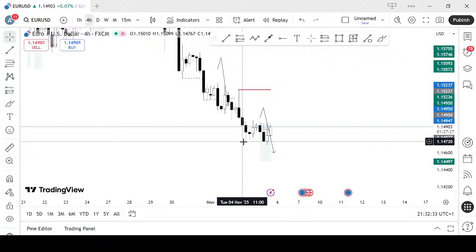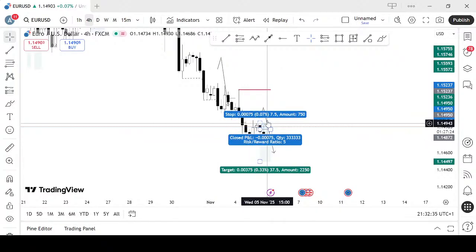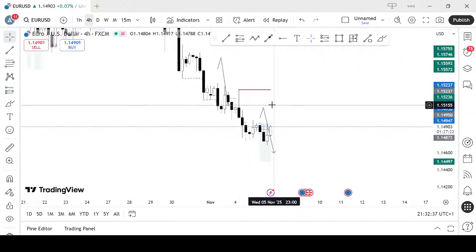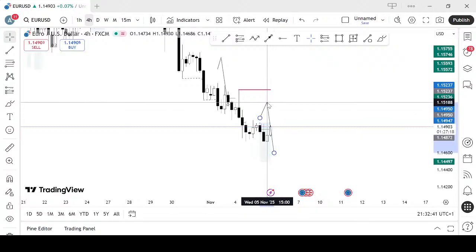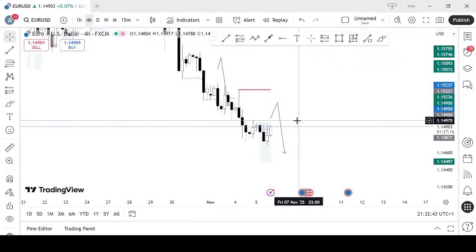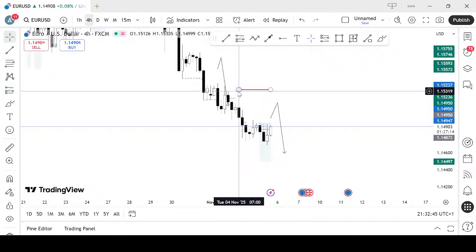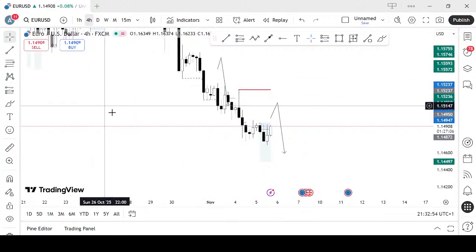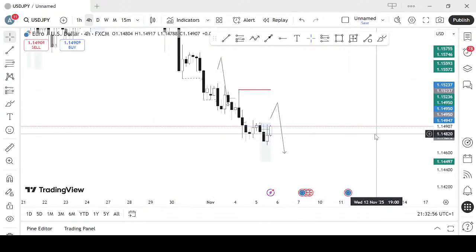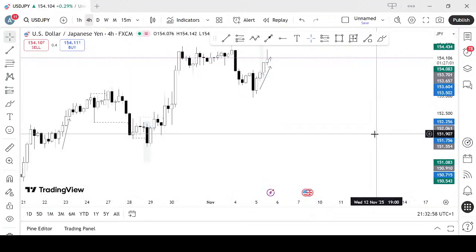You can see there's no close of candle below it, so even if price did come up to zones like this, it's still valid to take a sell till we break the high, meaning the candle closes higher than this previous high right here. So that's how the trading was on Euro USD.